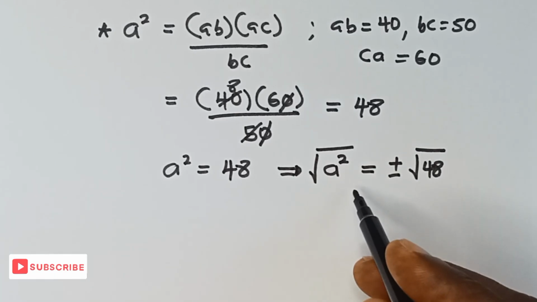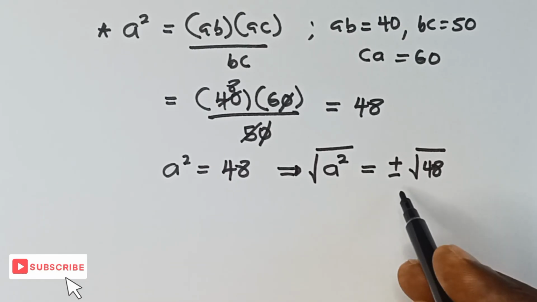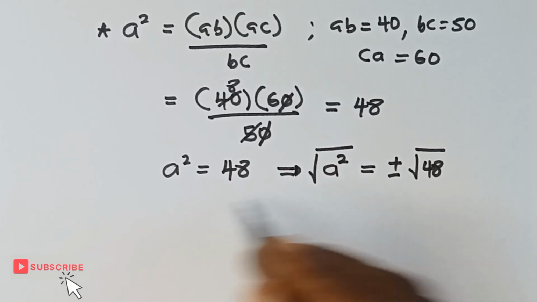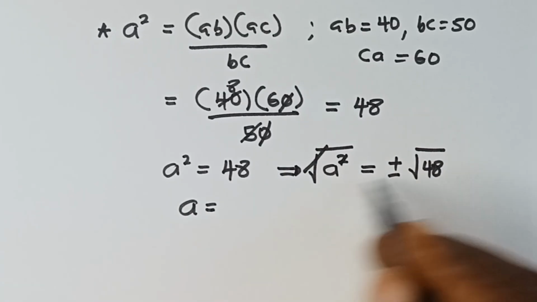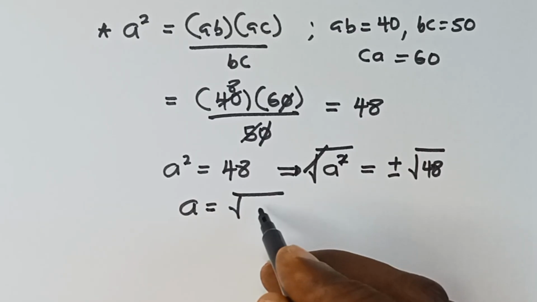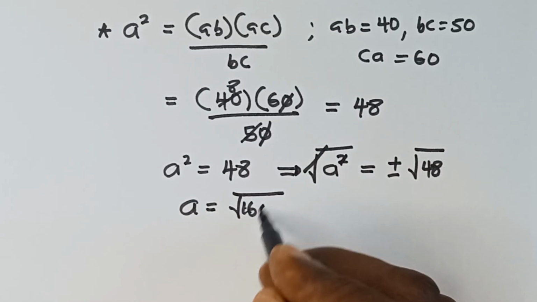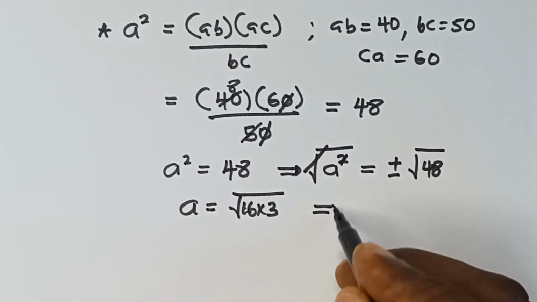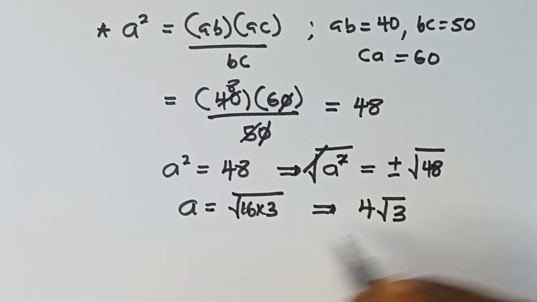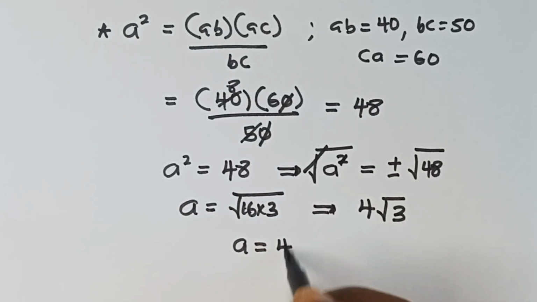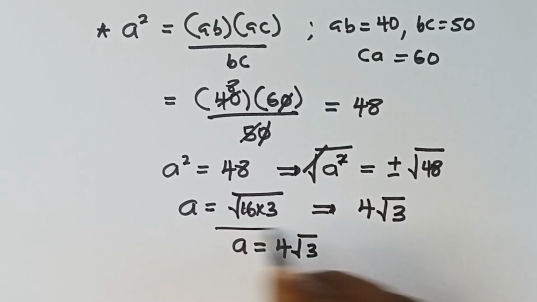I will take the positive solutions, since the negative ones are just the negatives of these. So the square cancels the square root, and A equals the square root of 48, same thing as 16 times 3. The square root of 16 is 4, so that is 4 root 3. That means our A equals 4 root 3. Okay, so this is A.